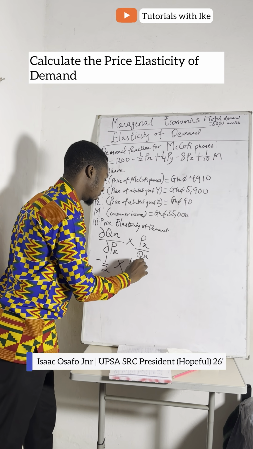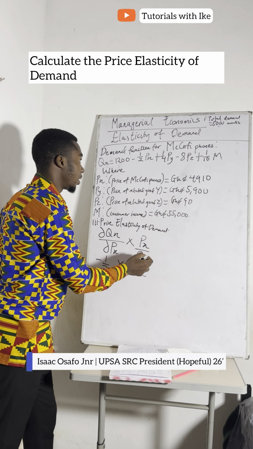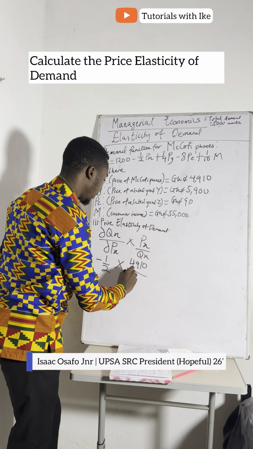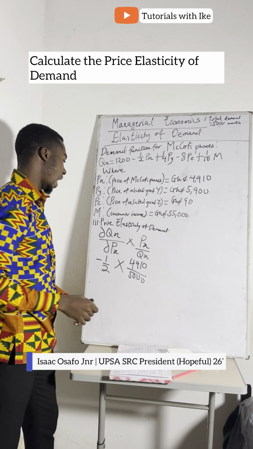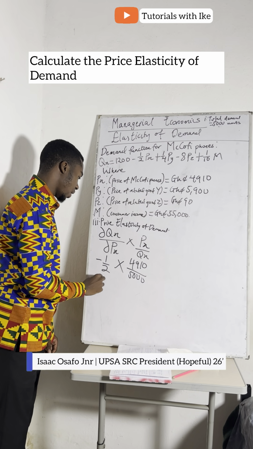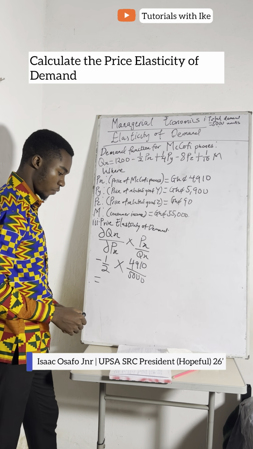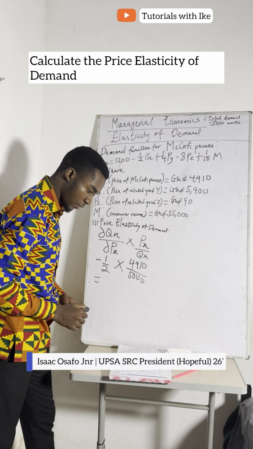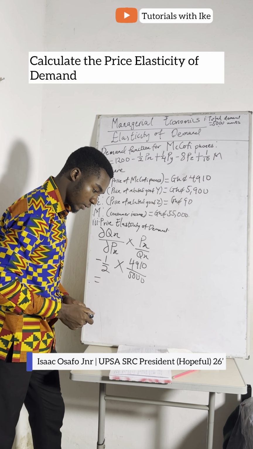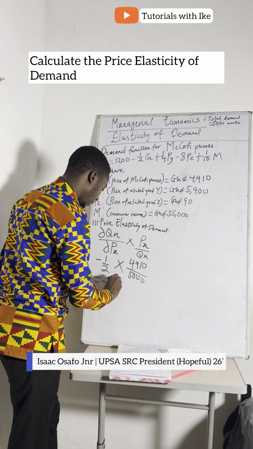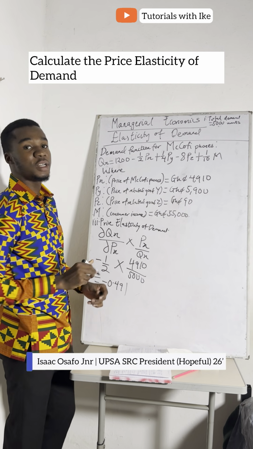So 4,910 over QX. QX is our total demand when we substituted all the values and we got 5,000 in I when we solved for it. Do you get it? So now we are getting -1/2 times 4,910 over 5,000. And that should give us -0.491. -0.491.